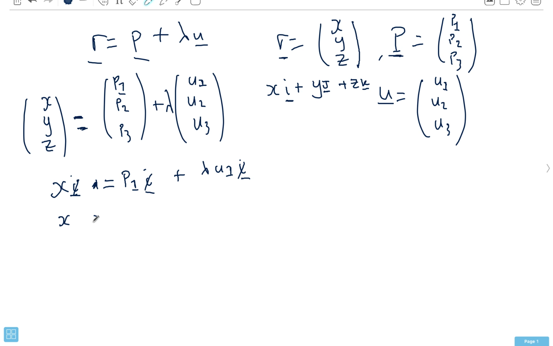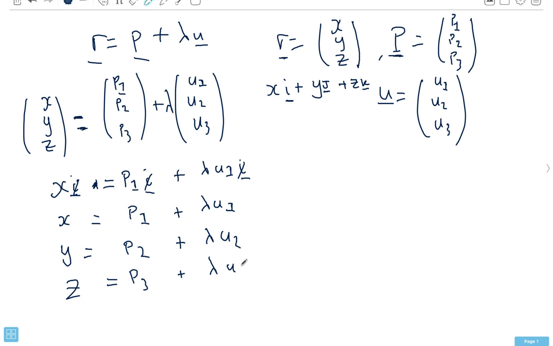So x is equal to p1 plus lambda u1. Now we can do that for the rest of them, so y is equal to p2 plus lambda u2, z is equal to p3 plus lambda u3.